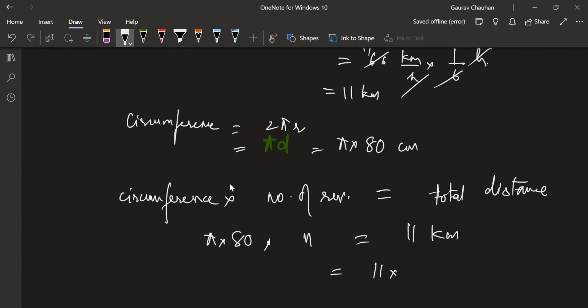How do you do that? 11 into kilometer to centimeter. Steps you remember? Your centimeter is somewhere here, and there is meter here. Decimeter, decameter. Hold on. Decameter, next is hectometer, and next is kilometer, right? So you're changing kilometer to centimeter.